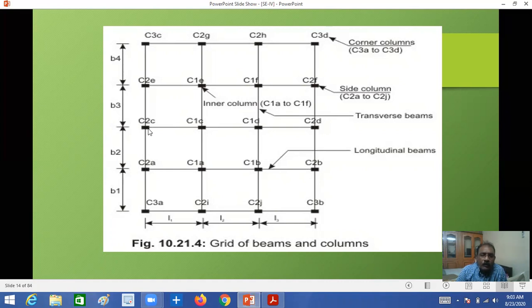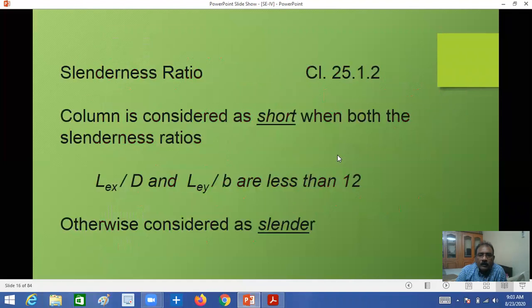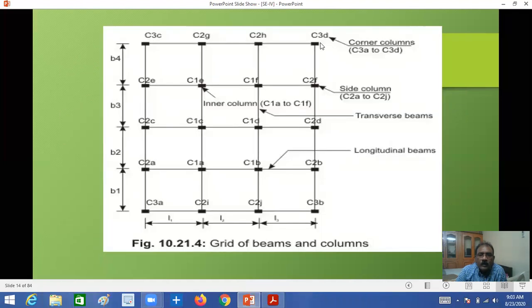Here you will have axial load at the center, and due to this beam you will have a bending moment like this on one side. That is called uniaxial.